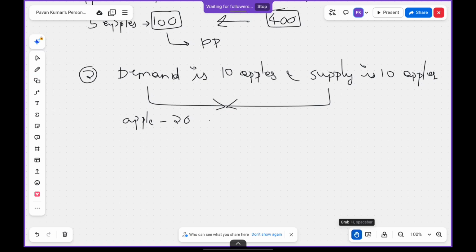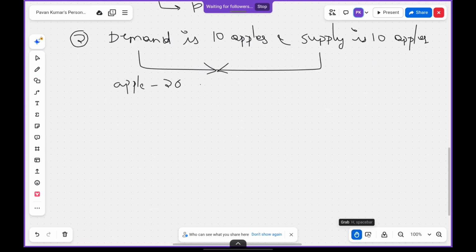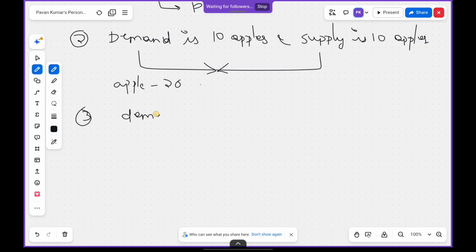So now let's discuss the third stage. What can be happening in the third stage? It's directly inverse to the first stage. How? Because demand is, let's say, 50 apples, but supply is only 20 apples.